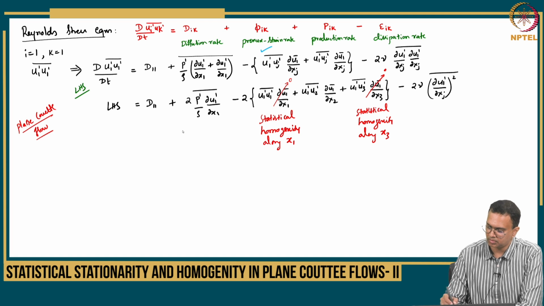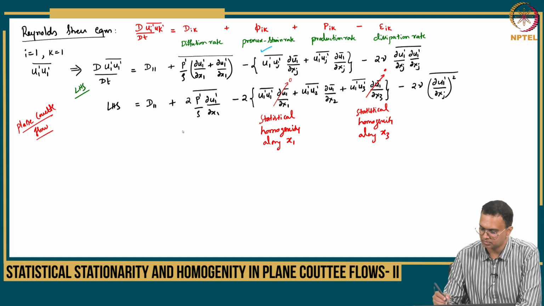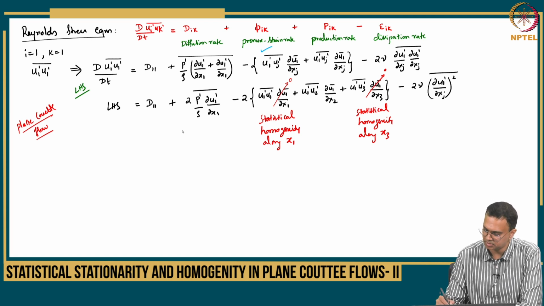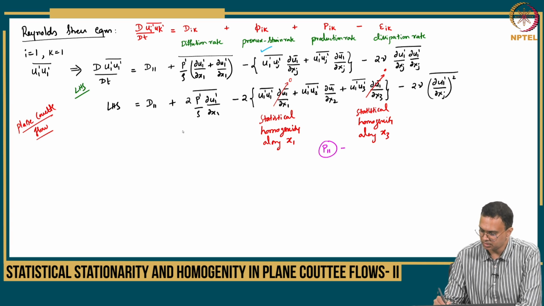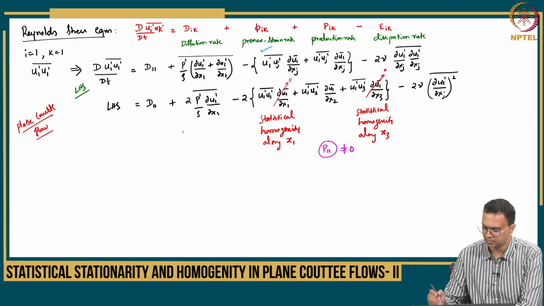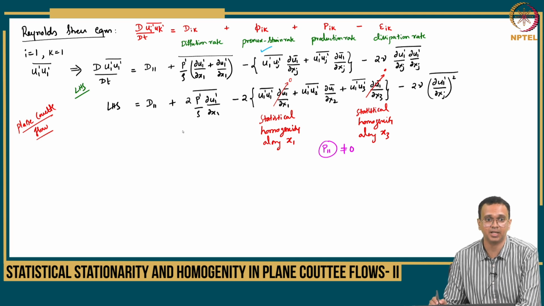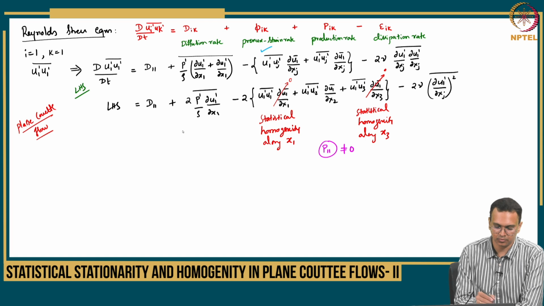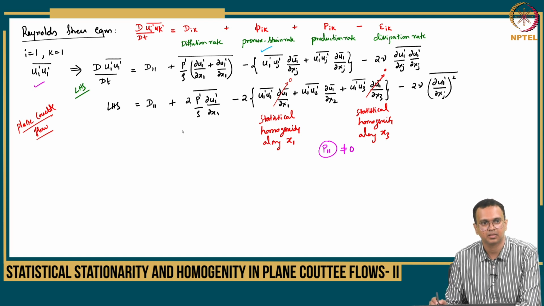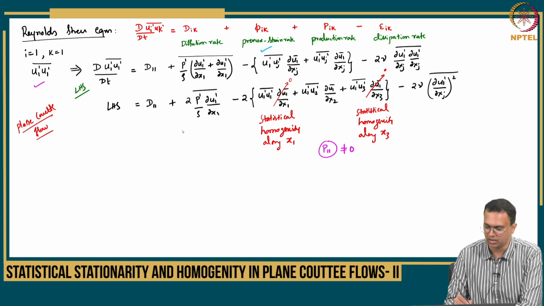So this particular P11 term is non-zero here. Okay, so there is a production rate term existing for one of the Reynolds stress terms. So that is fine, and this is also surviving here. This term is a correlation we need to retain.